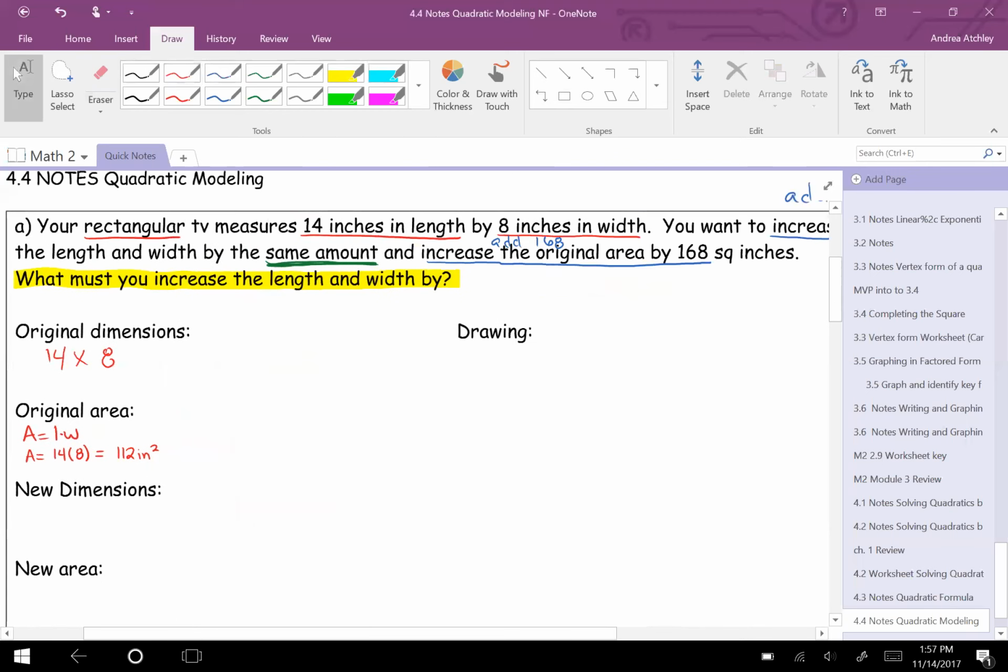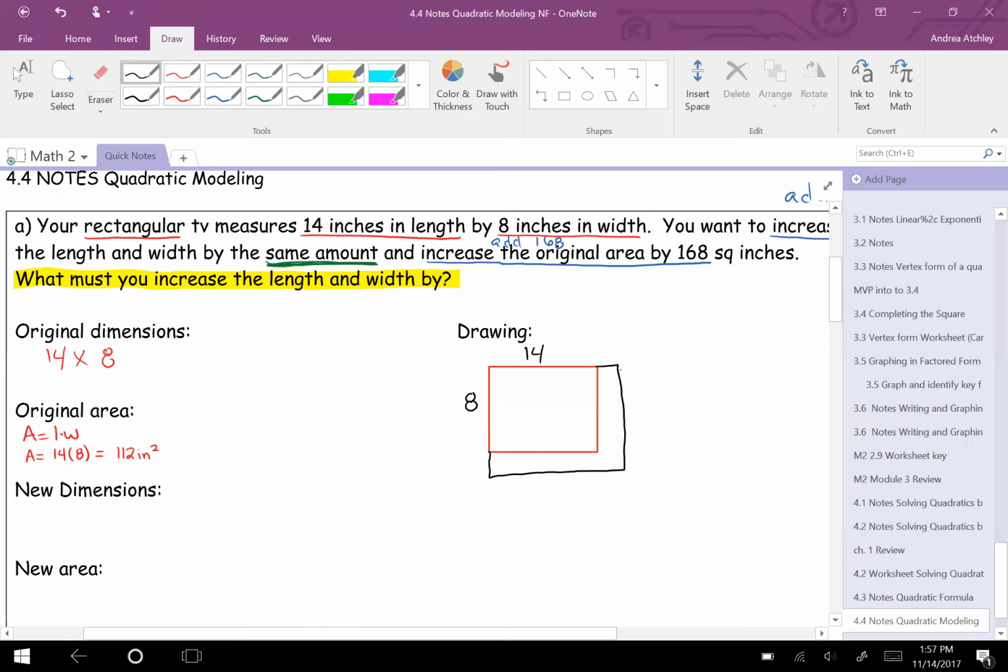Okay, now to find the new dimensions, I want to draw a picture. So here's my original TV. Apparently I have a red TV. That's okay. It currently is 14 by 8. But I want to increase, so I want to add some more length here and add some more width here to get my TV a little bit bigger.